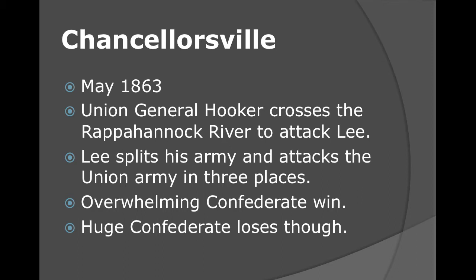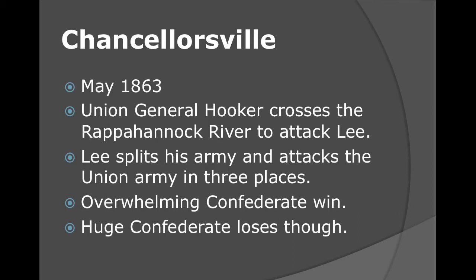The Battle of Chancellorsville in May of 1863, we see again a new Union general by the name of General Joseph Hooker. He was known as Fighting Joe, and he will cross the Rappahannock River to go and attack Robert E. Lee.